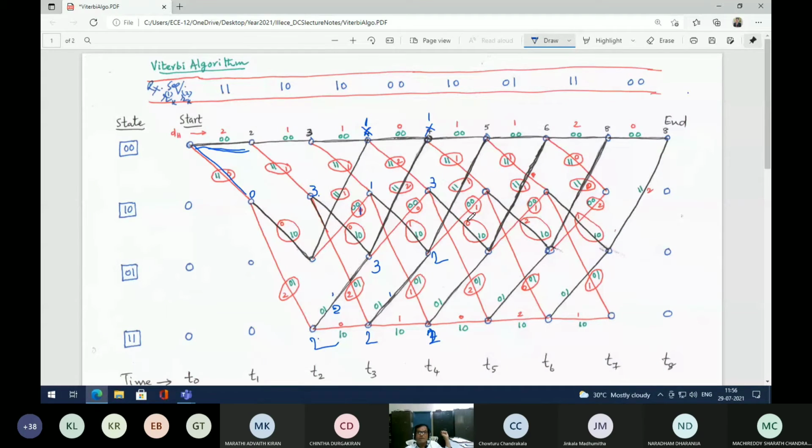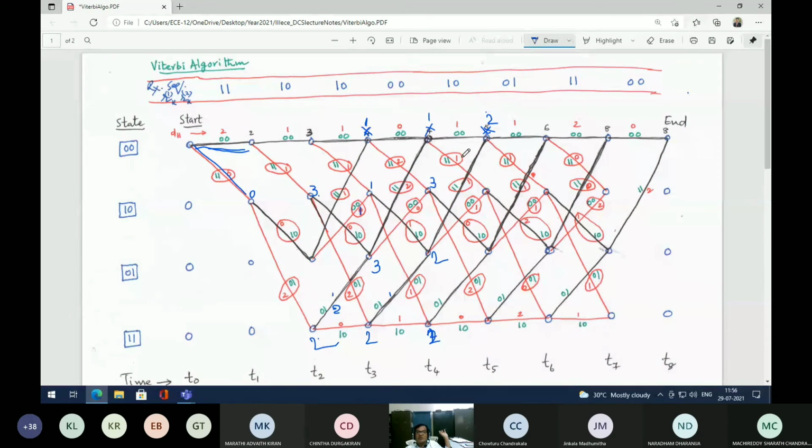Fine? So likewise, at every node, you have to find out the minimum Hamming distance. Here it is 2. It is 2, 1 plus 1, 2. And this way it is 2 plus 1, 3. So I don't write 3 here. Okay?